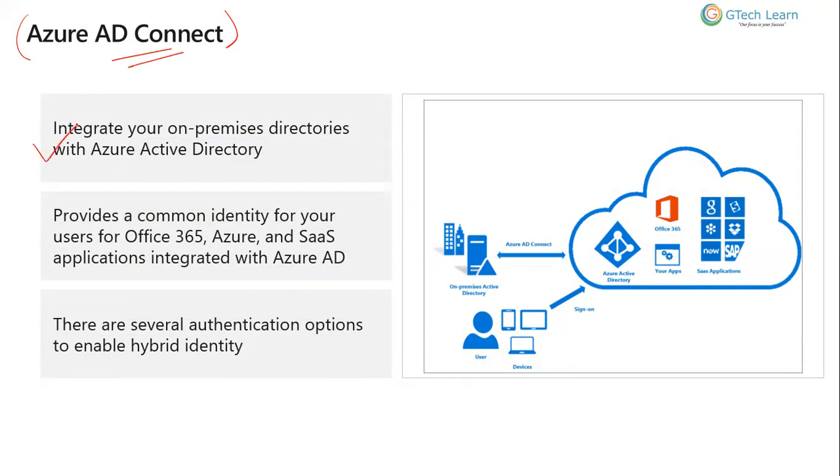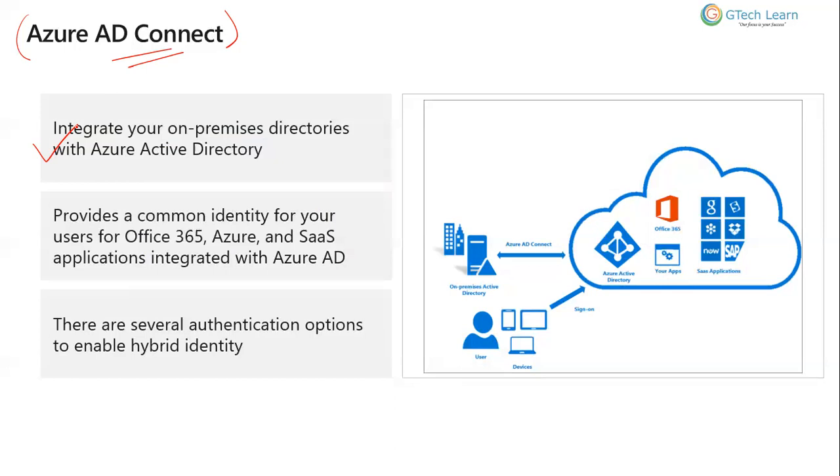It helps us integrate our on-premises directories with Azure Active Directory, and it provides a common identity for Office 365, Azure, and the software as a service applications that we have integrated with Azure Active Directory. We also have multiple authentication options available when configuring the hybrid identity.